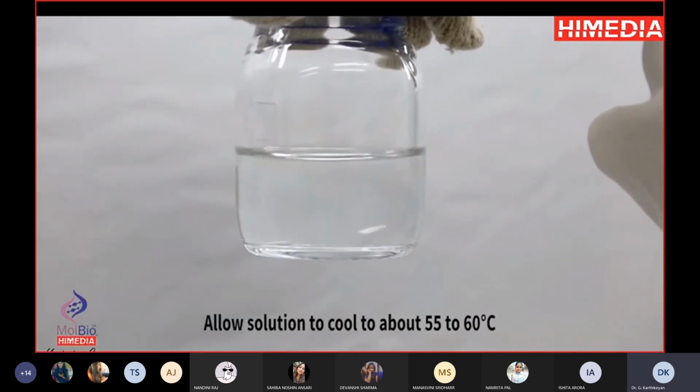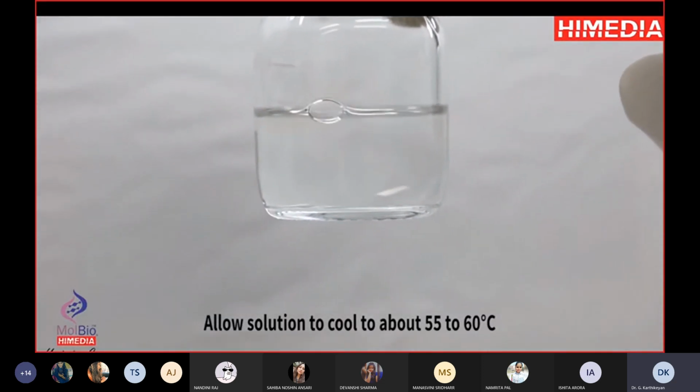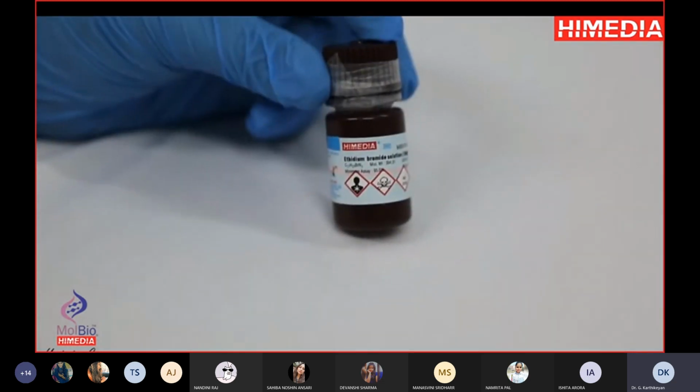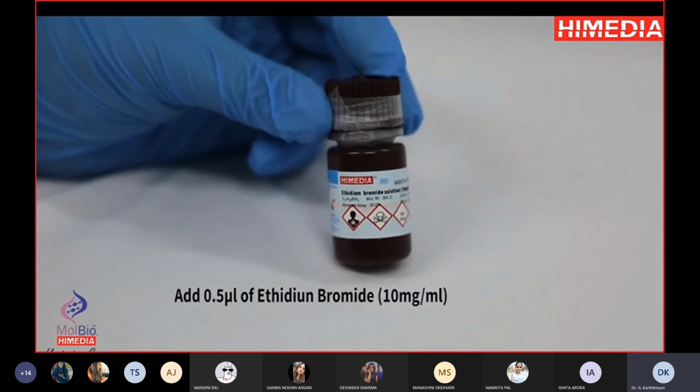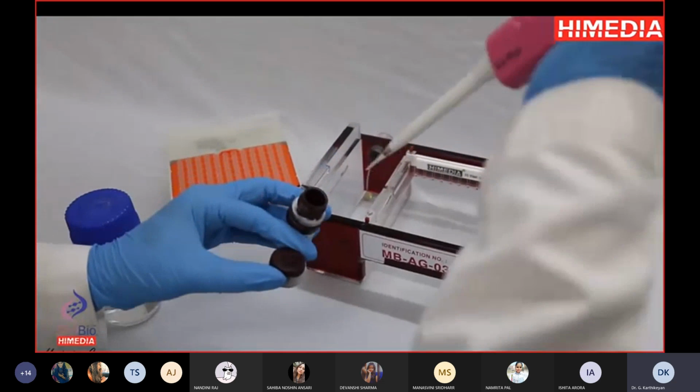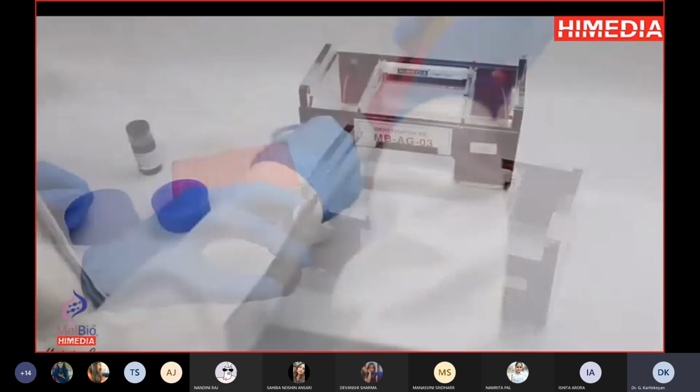Allow solution to cool to about 55 to 60 degrees Celsius. Add 0.5 microliter of ethidium bromide, 10 milligram per microliter.